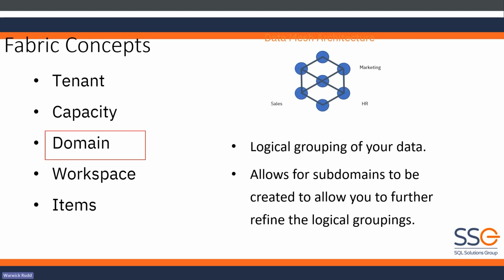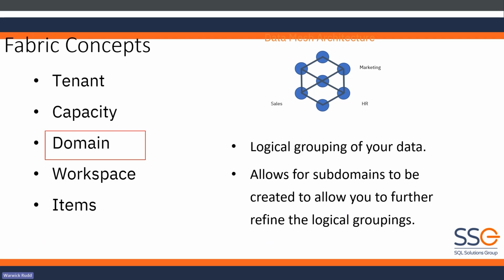Now, from a domains point of view, domains are just a logical grouping, okay? Making it easy for us to work out how we want to group things together and how we want different processing. We can see up in the top right-hand corner, you may have heard of a thing called data mesh. This is where we're able to take data from lots of different disparate locations, pull them all together, process those, but put them into various domains.